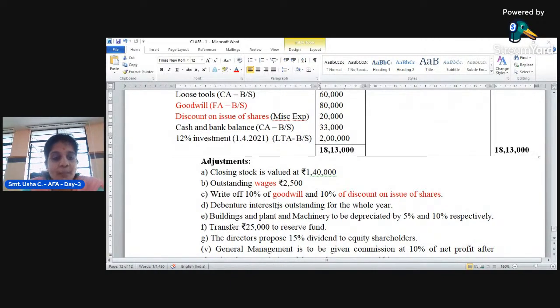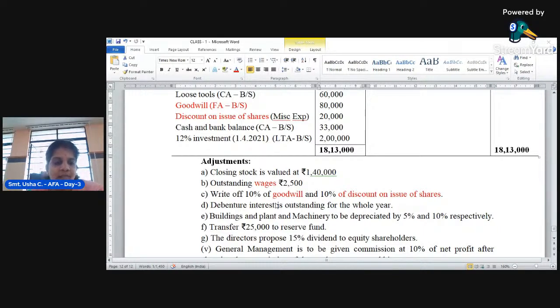See, we charge depreciation on the fixed assets. Depreciation will be charged on what? On the fixed asset. There are two types of fixed assets here. One is tangible fixed asset and the other is intangible fixed asset.